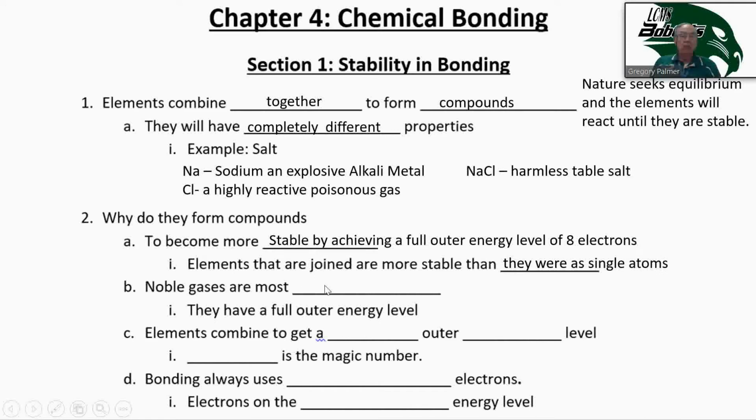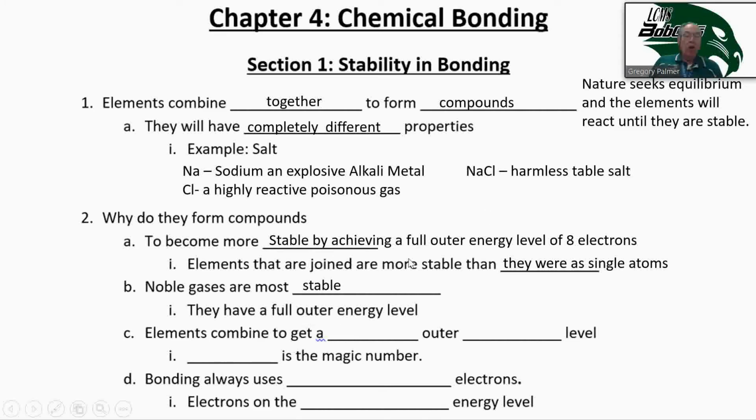And the elements that are joined together in compounds are more stable than they were as single elemental atoms. So for example, the sodium is highly reactive, and so is the chlorine gas. Whereas table salt is not reactive. It's achieved that equilibrium, that stability, to where it's a stable compound, and you don't need to worry about dropping the salt shaker and having an explosion.